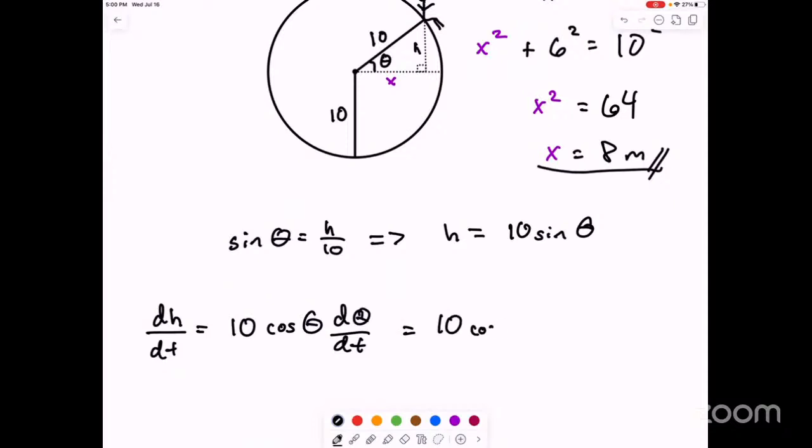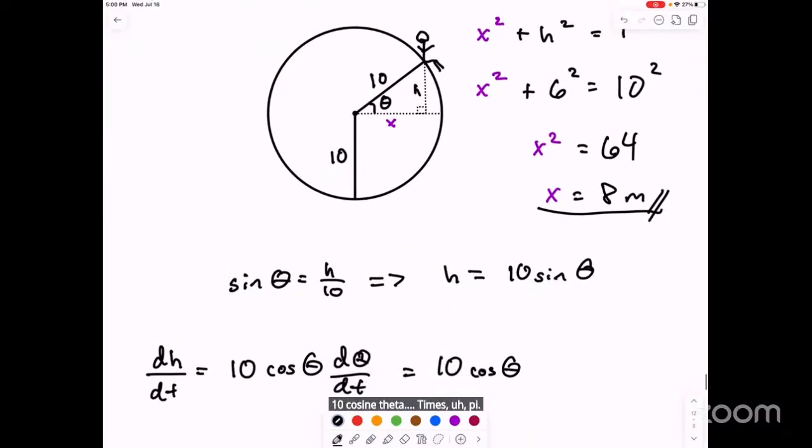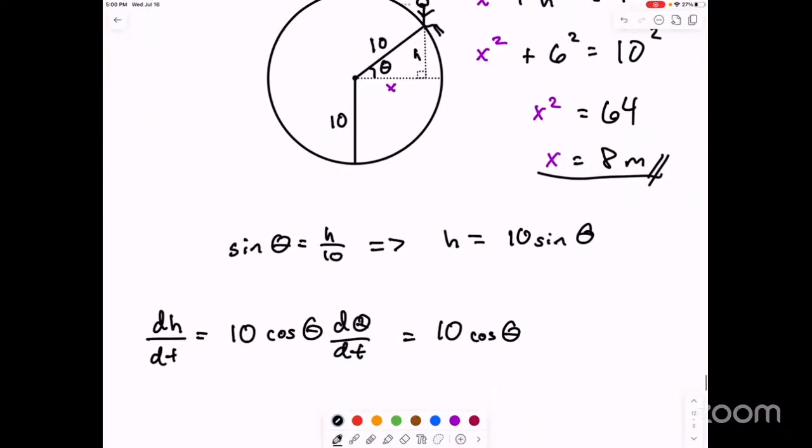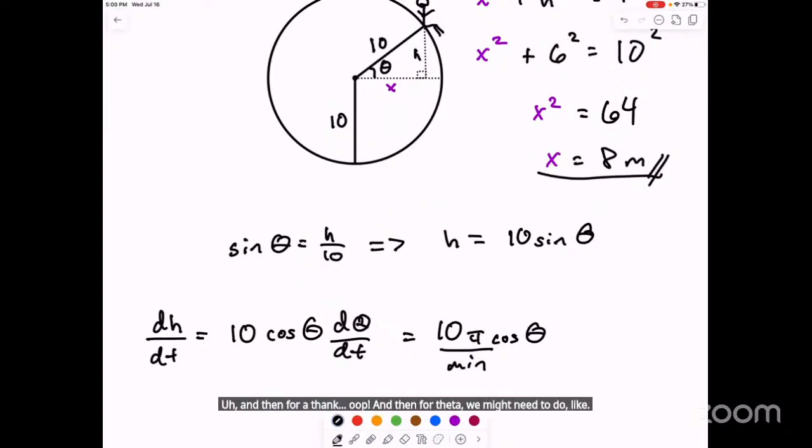Okay. 10 cosine theta times pi radians per minute. Let me see. I'm almost there. And then for theta, we might need to do like an inverse sine.